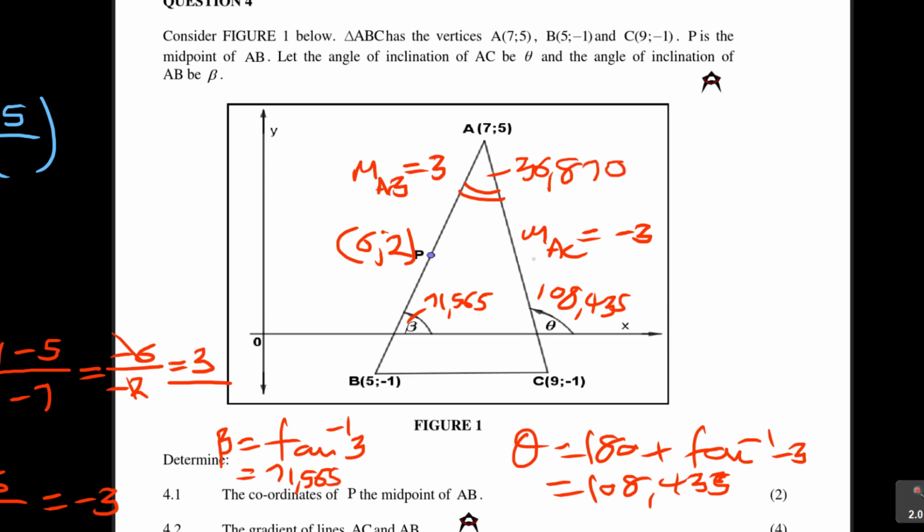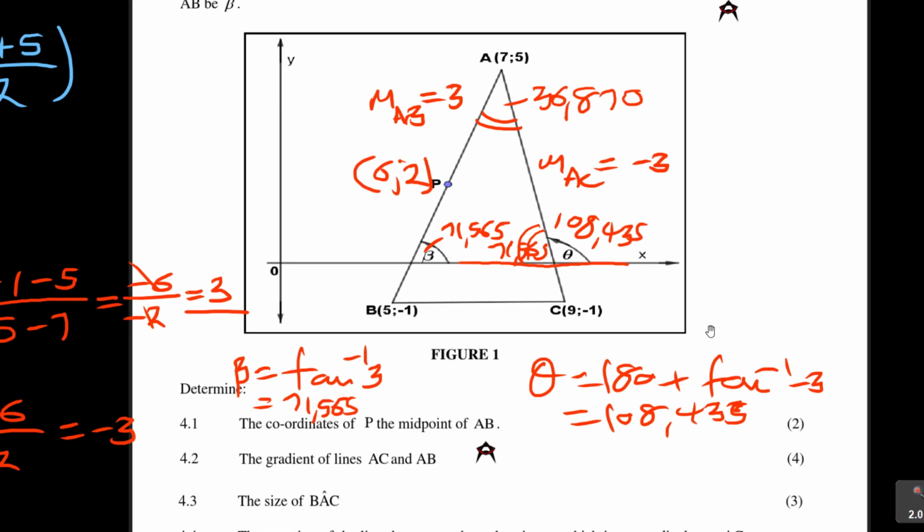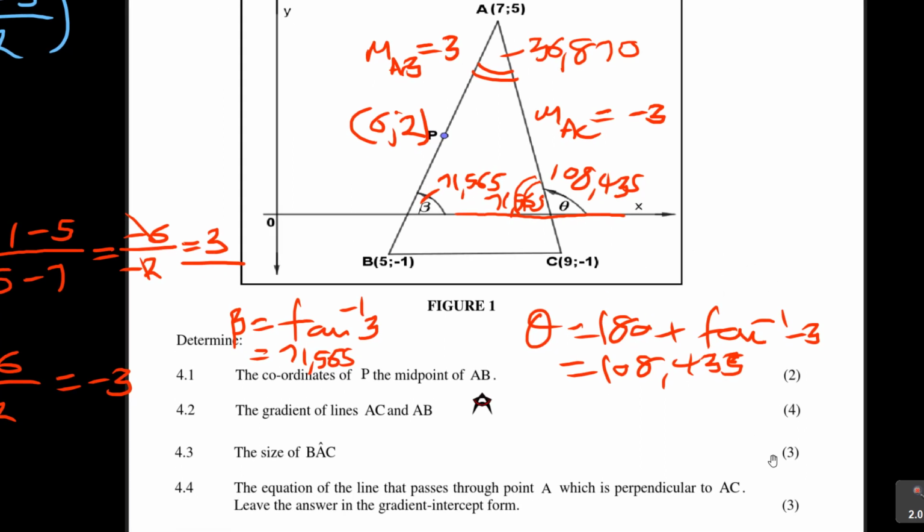But are you also seeing that even this angle here was 71.565? Yes, the gradient, because it's the other way around on a straight line, angles on a straight line. Whatever you do, it's still fine. What is important is getting the answer.